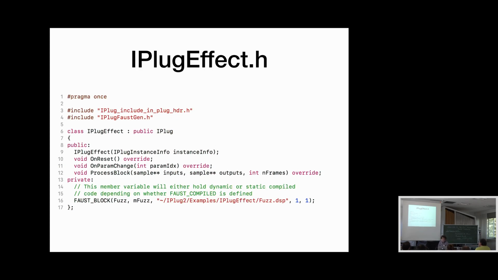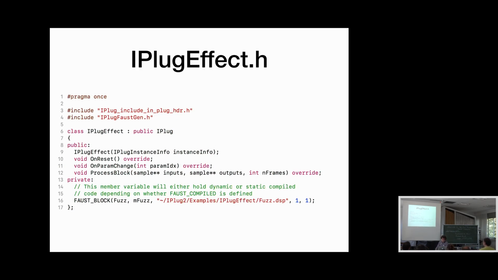This links a member variable to a Faust DSP, basically, and it uses a preprocessor macro to do that, so that when we switch from dynamic to static compiled versions, we can completely exclude all the dynamic code path.